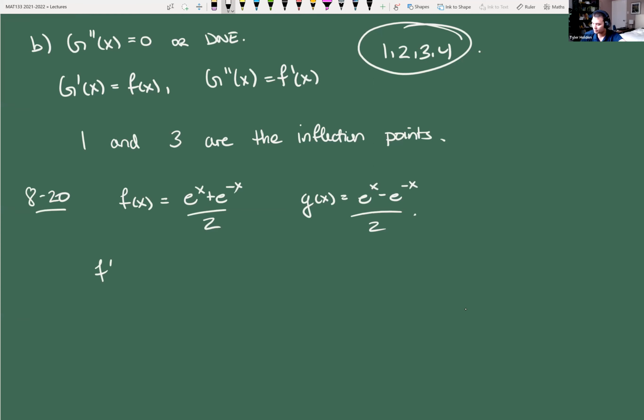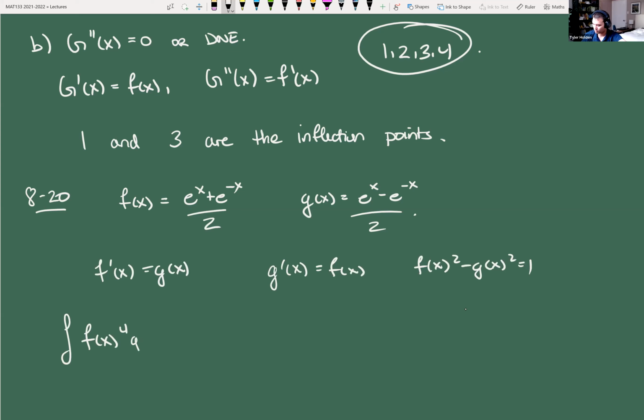We're given that this is true from previous exercises, so you can just assume it: f of x squared minus g of x squared is equal to 1. Then it says find the integral of f of x to the 4 g of x to the 5 dx.